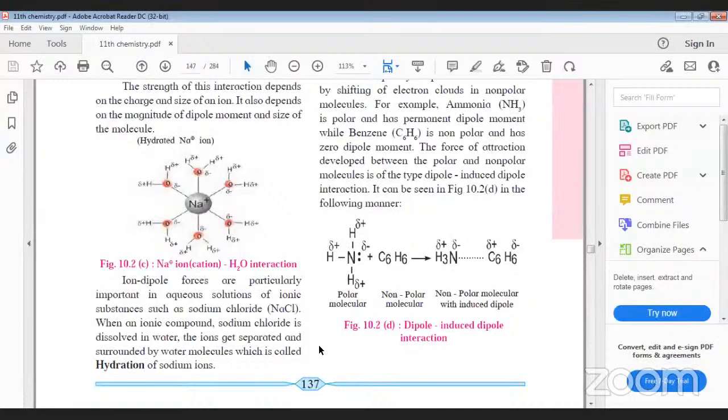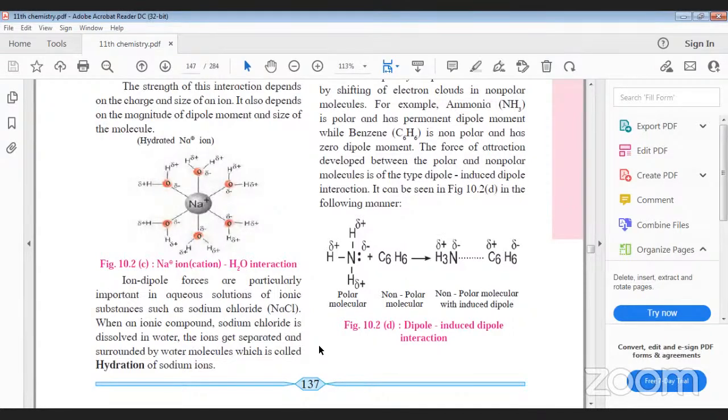Very important. So when we dissolve salt into the water, when we want to make a salt solution, what happens? Positive and negative ions get away from each other. Like sodium gets converted into Na+ and chlorine gets converted into Cl-.